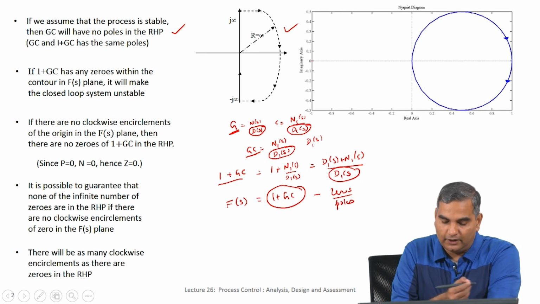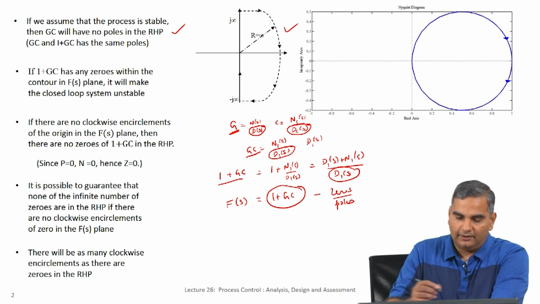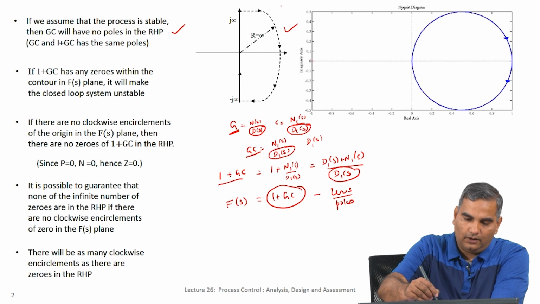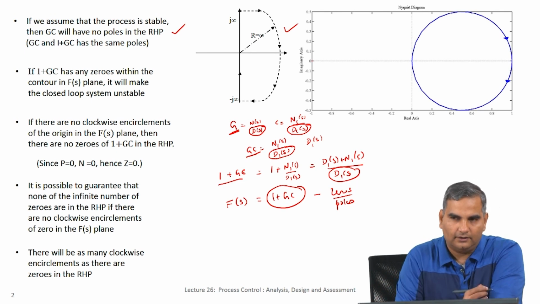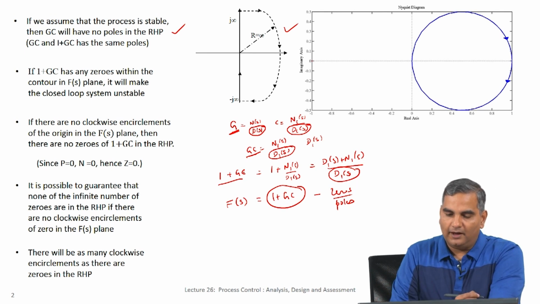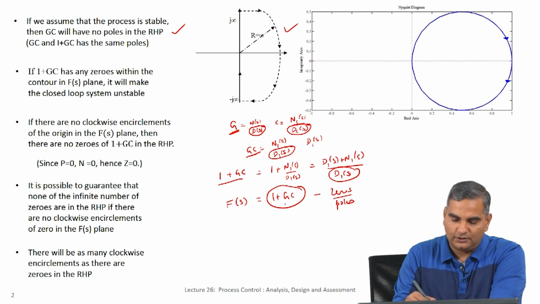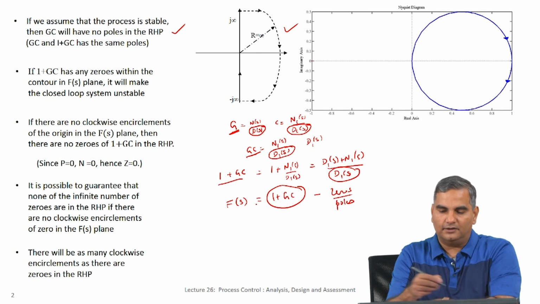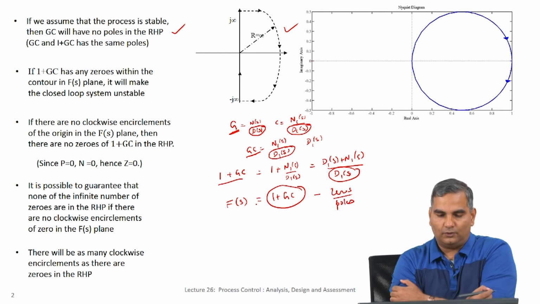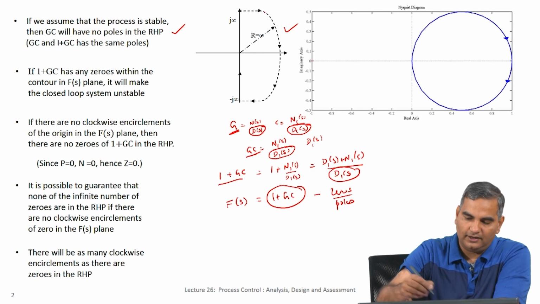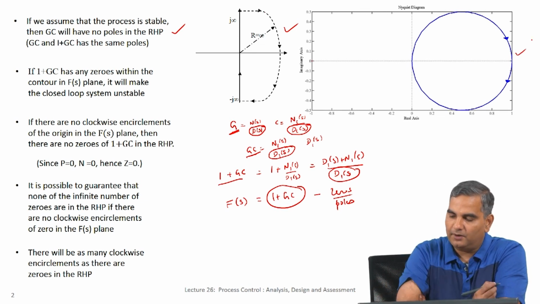Let us look at 1 plus GC as we go along this very long infinite path, starting from minus j infinity all the way up to j infinity and go on the circular route covering all of RHP. We want to ask whether this f of s, which is 1 plus GC, because we are going to draw this Nyquist plot for 1 plus GC initially, and then we will refine it further. So, we are doing this plot here, and we are going to get a corresponding plot here.